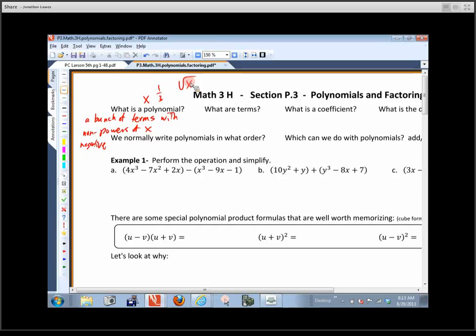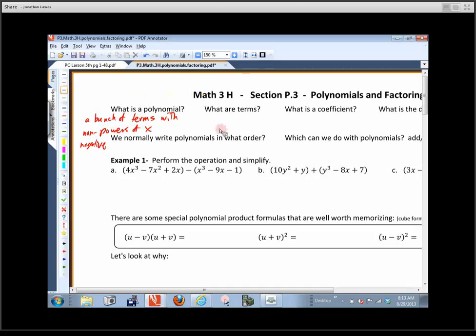Good. The polynomials we're going to deal with are going to have regular old whole number integer powers that aren't negative. That's usually what we're after. So just keep that in mind.